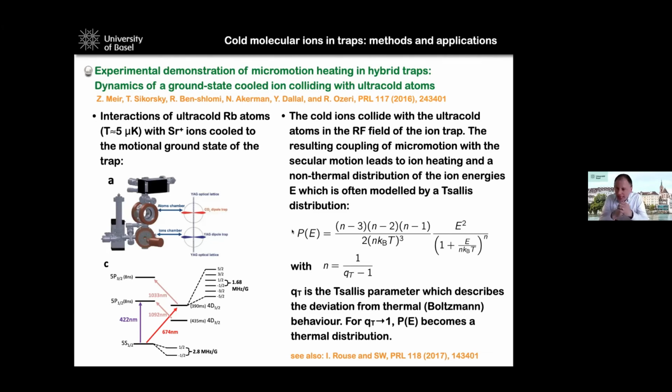And it turns out that the ion energy distributions that one gets here can be understood in terms of a so-called Tsallis distribution. The Tsallis distribution is a generalized distribution which can be written down in different ways. One is given here from this paper. These are energy distributions that one gets from non-equilibrium systems, which under certain conditions can assume the form of Boltzmann distributions again. But whenever one has such Tsallis distributions, it's an indication that one is not really in thermal equilibrium.